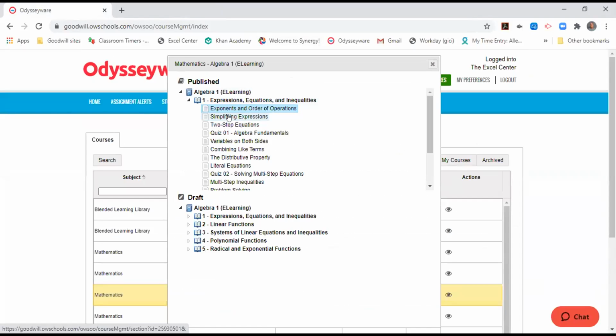I don't have any way of knowing that you've sent me a message until I log back in the next time. And I will respond, but it may not be immediate. So if you're working on something, especially during normal school hours, it doesn't matter if it's Monday, Tuesday, Wednesday, Thursday, or Friday, if it's during normal school hours, the best way to get my attention is going to be by sending a text.